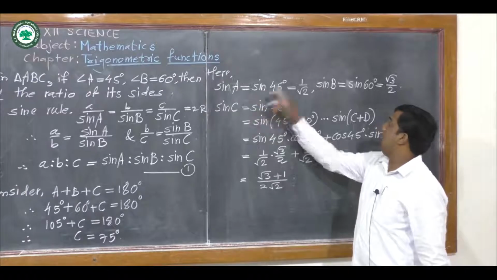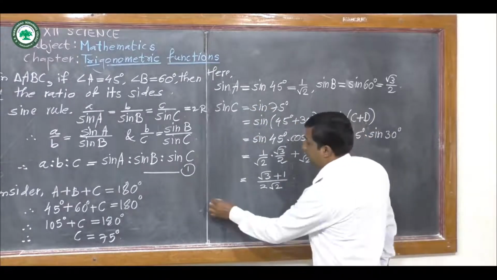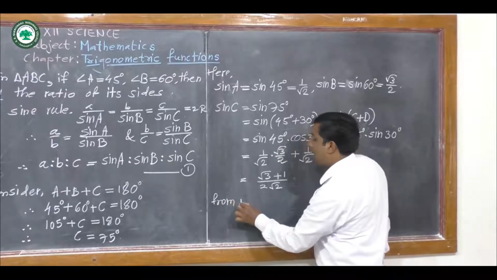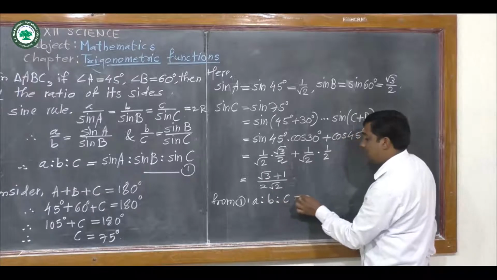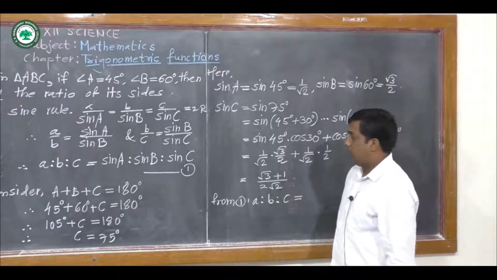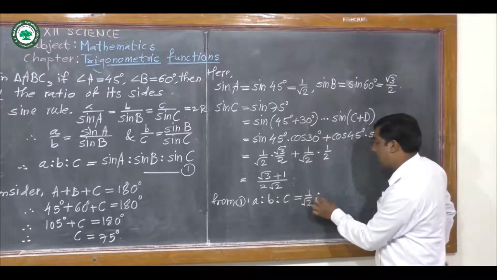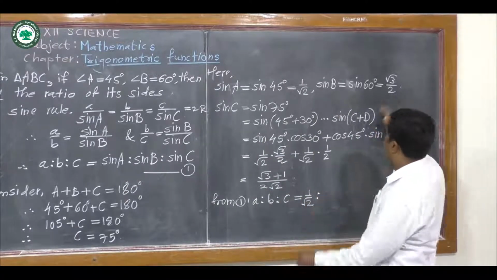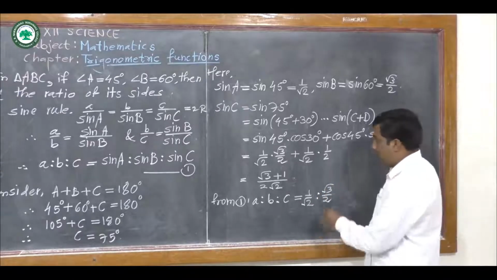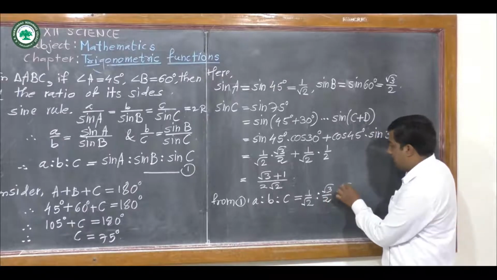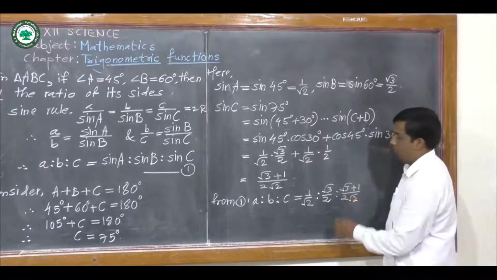Now we know sin A, sin B and sin C. So by using 1, a : b : c is equal to sin A, which is 1 upon root 2, to sin B, which is root 3 by 2, to sin C, which is (root 3 plus 1) upon 2 root 2.